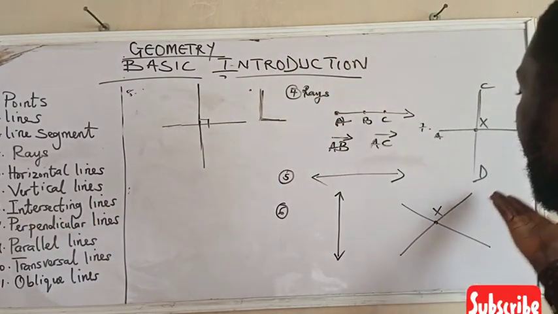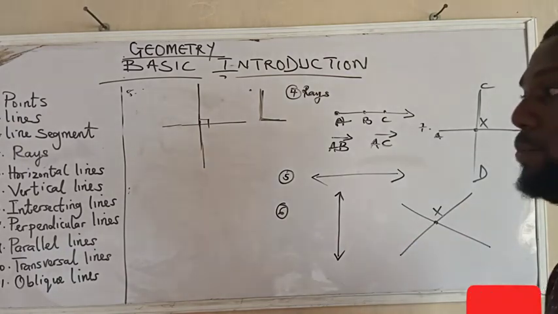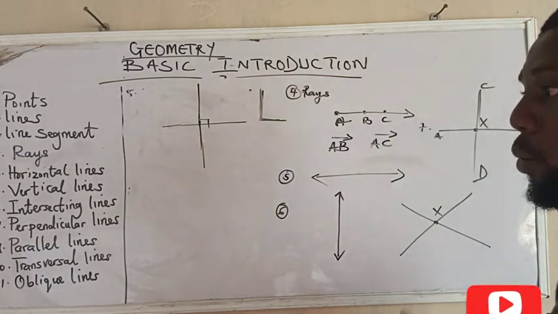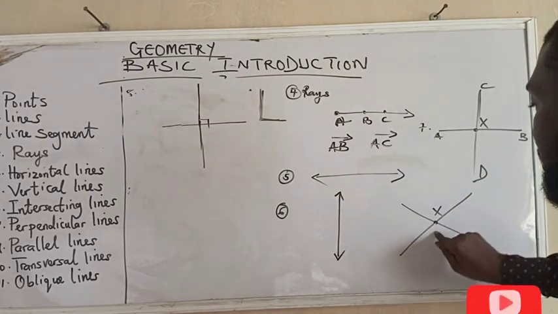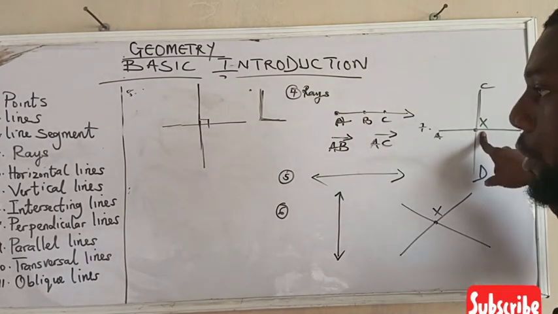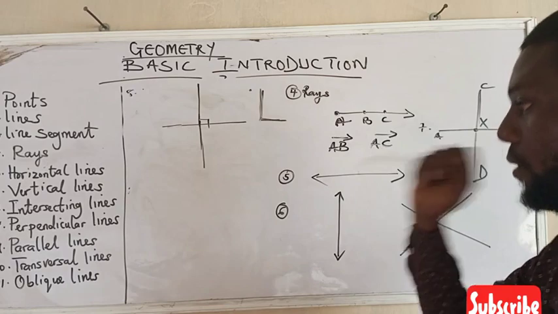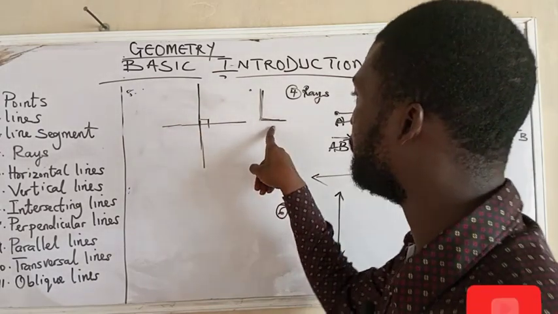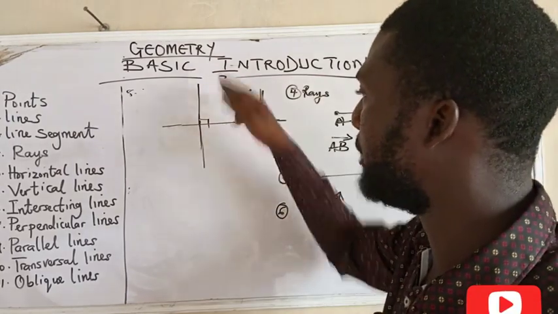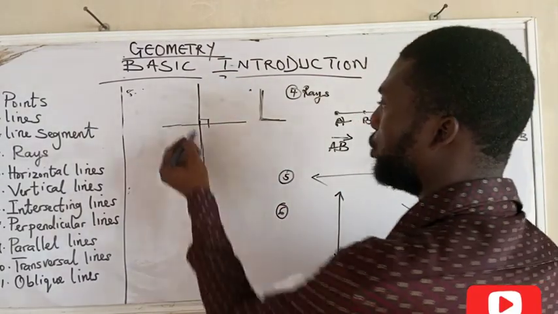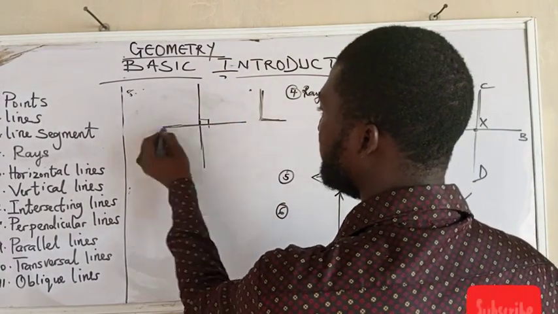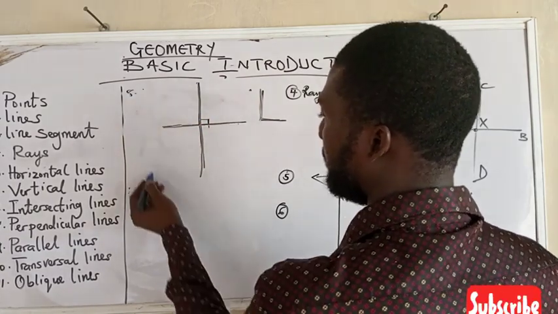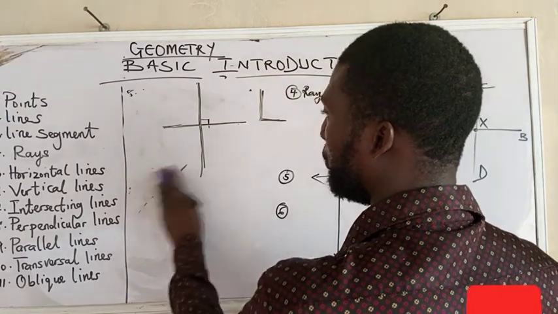In that case, the form at which the lines may bend doesn't really matter. What matters is so far as they intersect at a common point. But for perpendicular lines, it has to be in the form of letter L, and it has to meet in such a way that both sides are straight. That is, it's not bent in this way or so on.